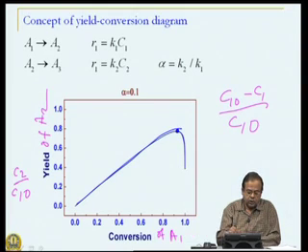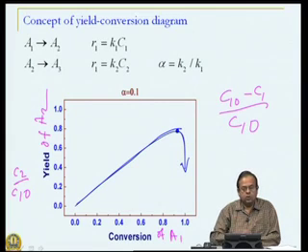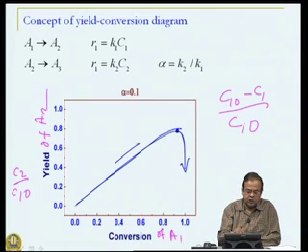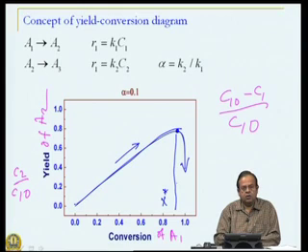So, it is increasing from 0 conversion to some value of conversion X star, and beyond that value it is decreasing.